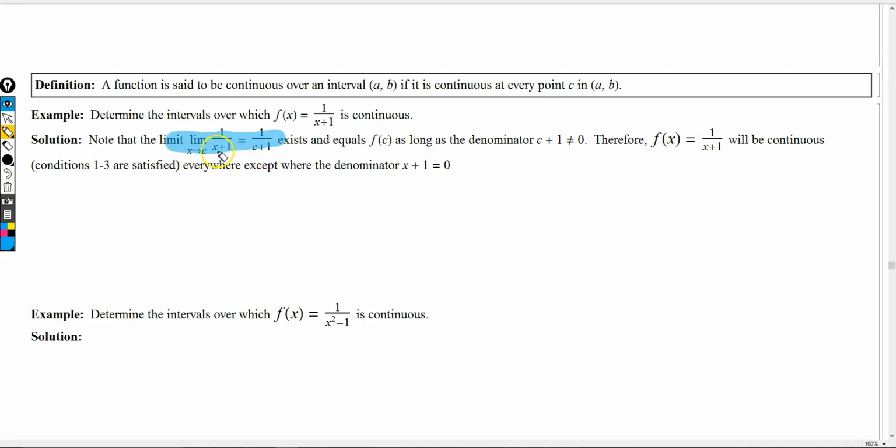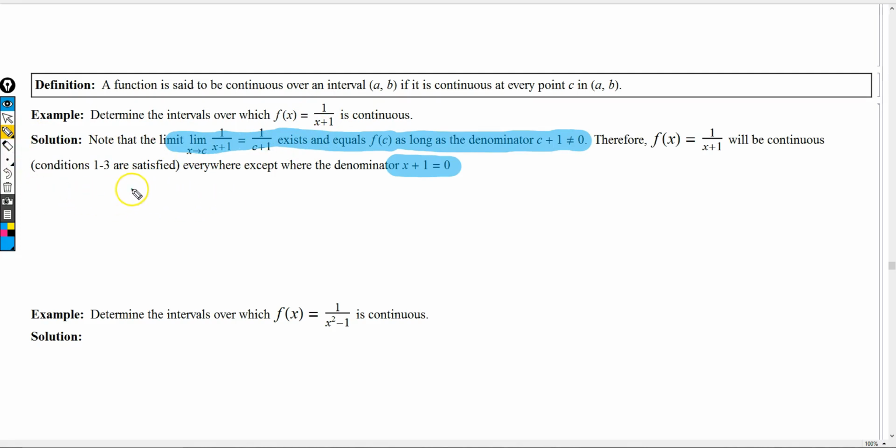I can just plug the c in for x, and that equals f of c as long as the denominator c plus 1 does not equal 0. So this function will be continuous everywhere except where the denominator is equal to 0. So all we have to do is find where the denominator is equal to 0.